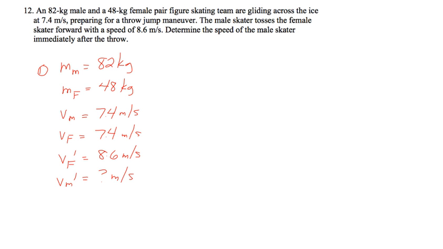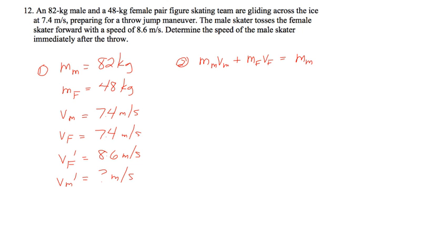I can use my conservation of momentum equation. In this one, we're going to get mass of the male times velocity of the male, plus mass of the female times velocity of the female, equals mass of the male times velocity of the male after, plus mass of the female times velocity of the female after. For some reason I'm using capital letters for female and lowercase for the male.